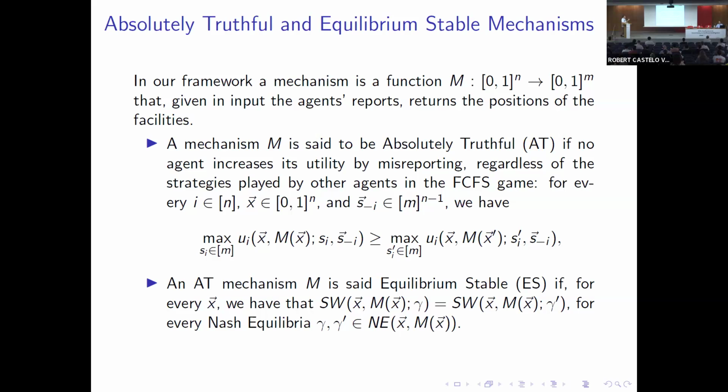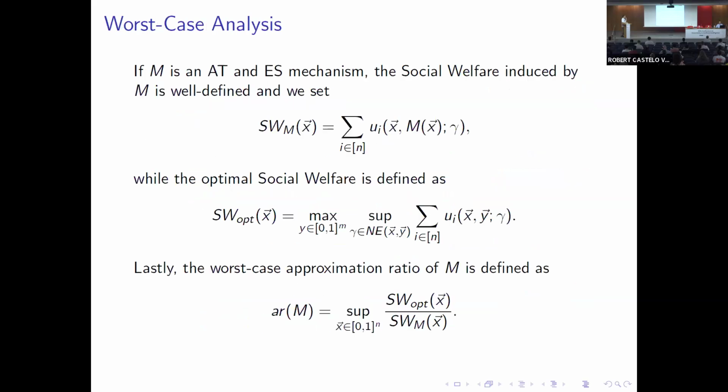So starting from two building blocks, we are able to extend all the framework and find some interesting results in this direction. Those are some of the definitions. When you have an equilibrium stable and absolutely truthful mechanism, you can define univocally what the social welfare of the mechanism actually is.